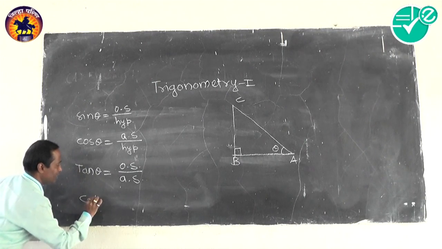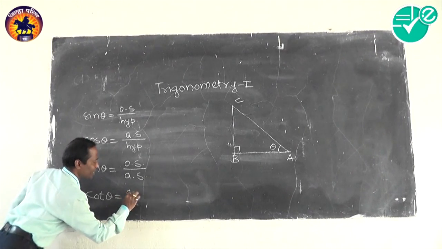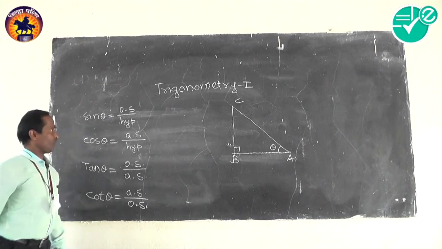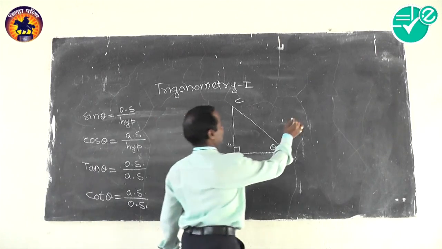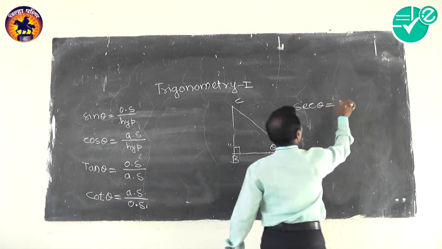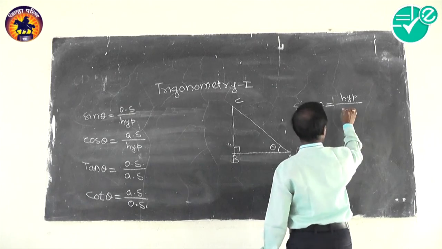Cot theta is equal to adjacent side divided by opposite side. Sec theta is equal to hypotenuse upon adjacent side.